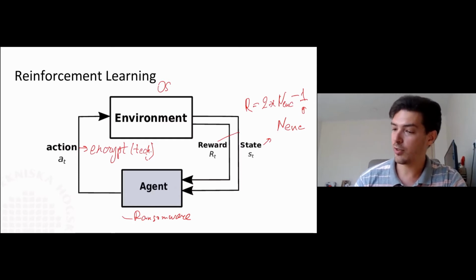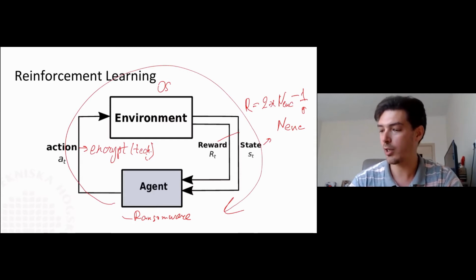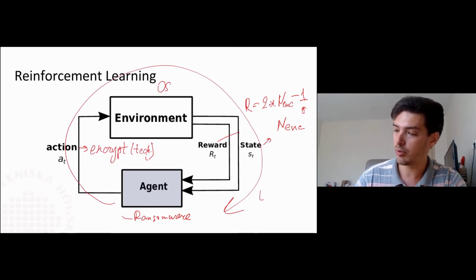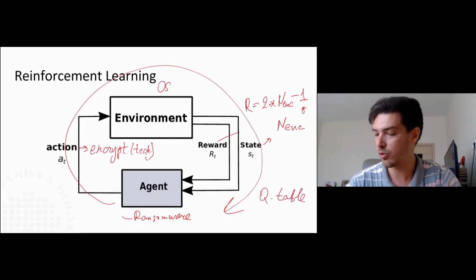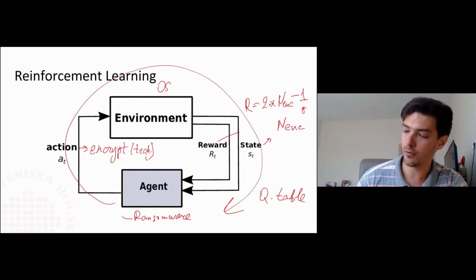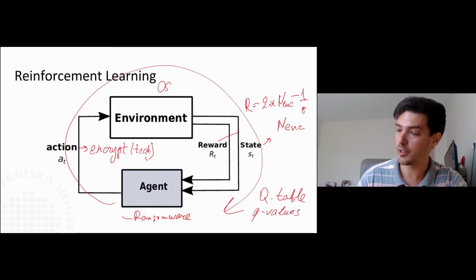And based on this iteration, we can update our Q table. The Q table is our brain in reinforcement learning. It consists of Q values. Q stands for quality.